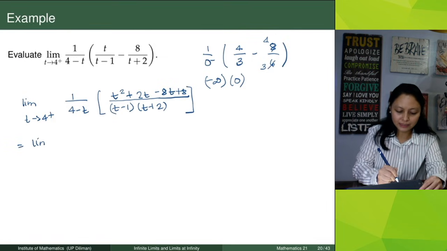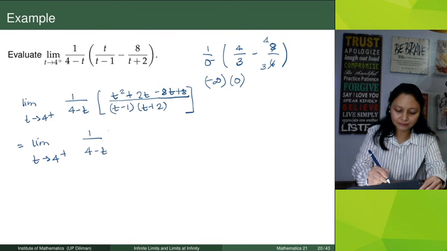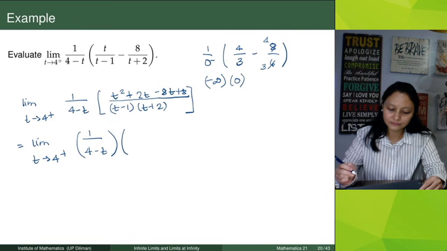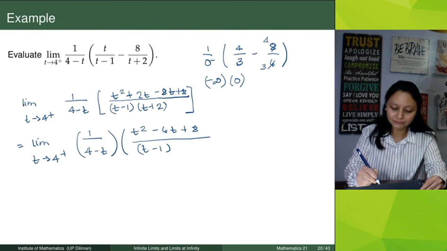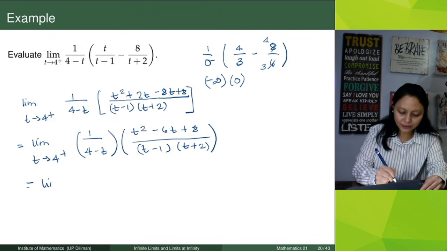So you get the limit as t approaches 4 from the right. You have 1 all over 4 minus t. In the numerator, you have t squared minus 6t plus 8 all over t minus 1 times t plus 2. We can factor out the numerator.